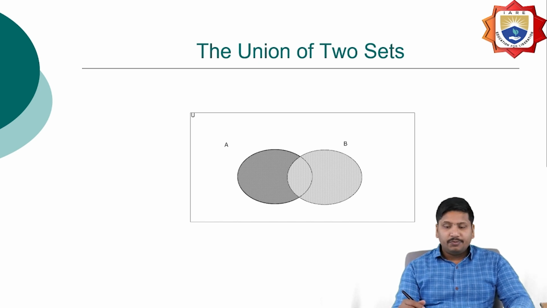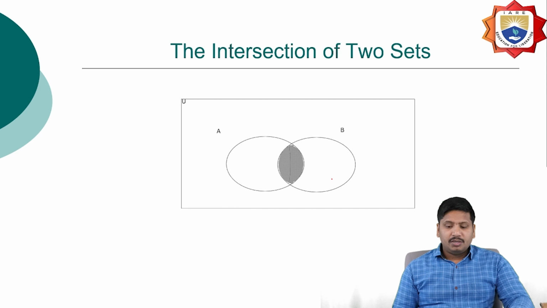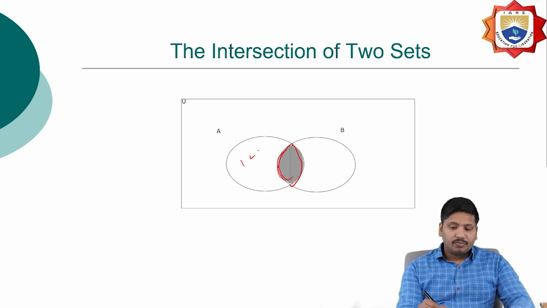Like the union of two sets. This is the set A elements and this is the set B elements. So all the elements in both can be represented as the union. An intersection means the elements which are common in both sets are treated as the intersection. Suppose I have the elements 1, 2, 3, 4, 5, 6, 7, 8 and 1, 2, 3, 7, 9, 15.